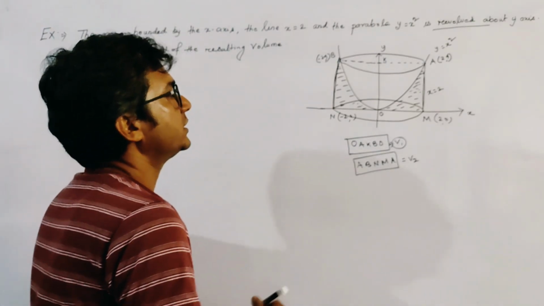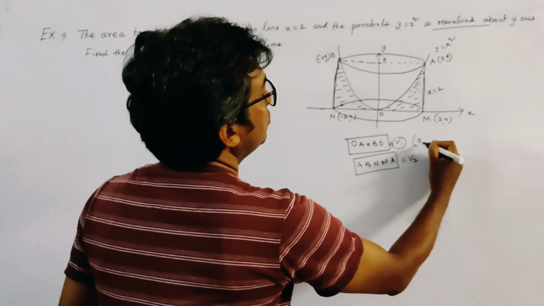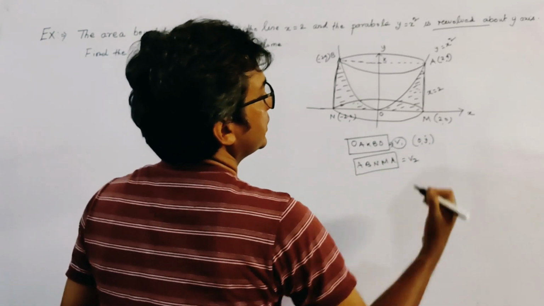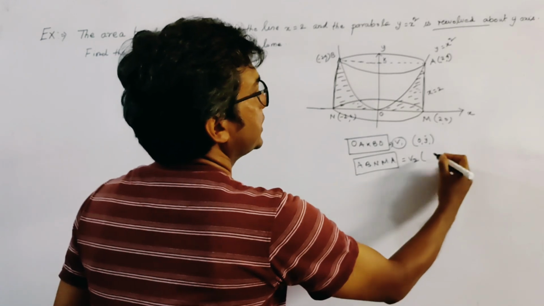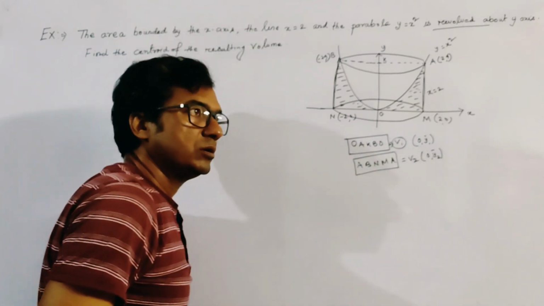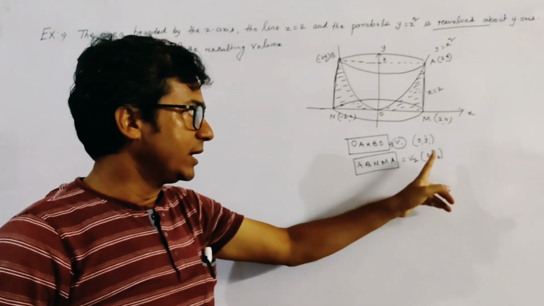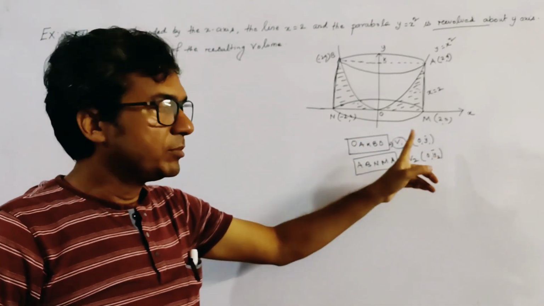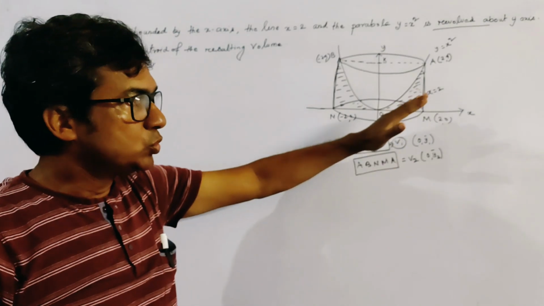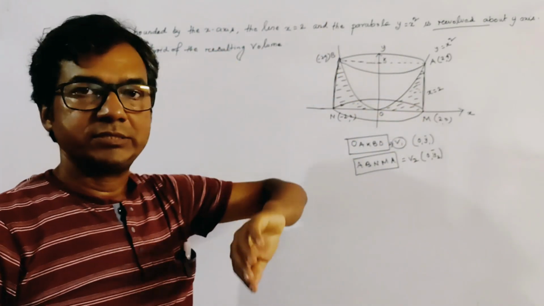Let for the first body it be (0, y1 bar), and for the second body it be (0, y2 bar), because the center of gravity of the two bodies lies on the y-axis.